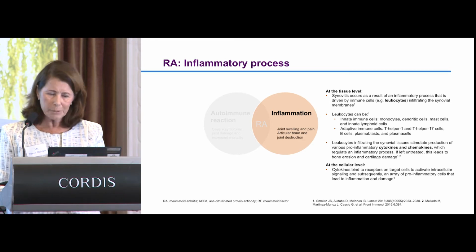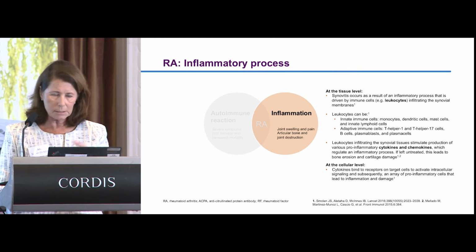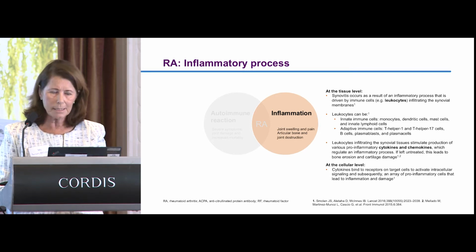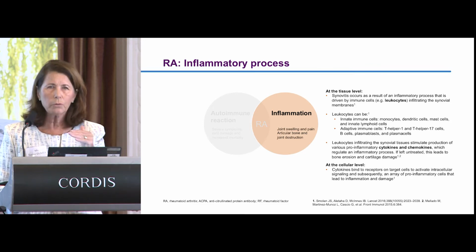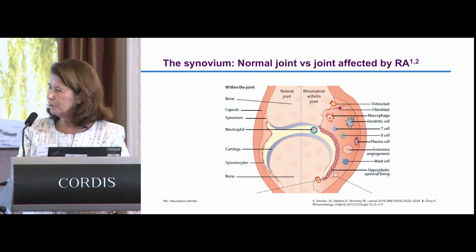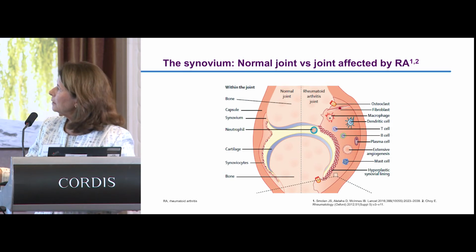Then this inflammatory cascade involves leukocytes, macrophages, and T and B cells, and these chemical messengers, these cytokines and chemokines, and of course now we know JAK intracellular signaling, all cause the cytokines to continue the inflammation effect. And that just becomes more and more damaging to the joints, but also extra-articularly.